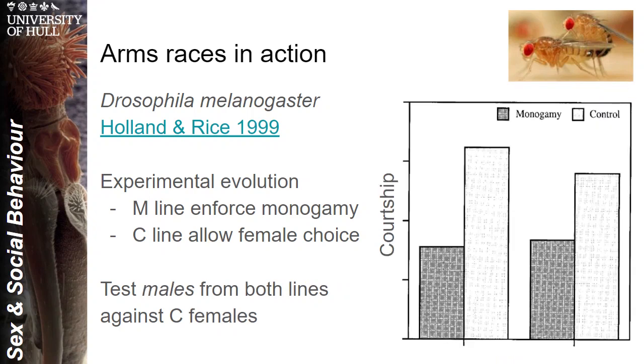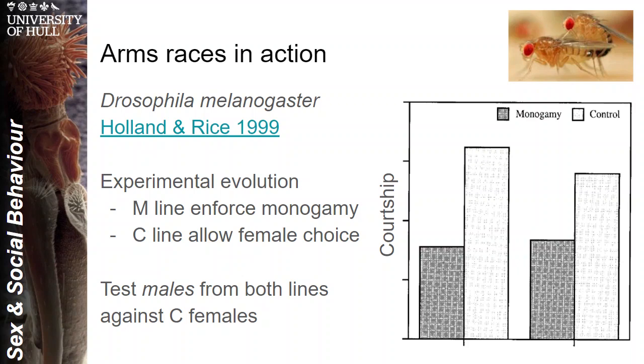Similarly speaking, if you test those male offspring produced by the monogamous line, they are less competitive. This is courtship rates up the y-axis, and males that come from the line where female choice has been stopped end up less competitive.